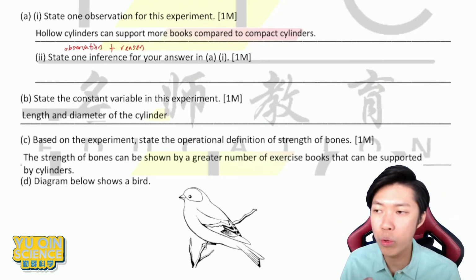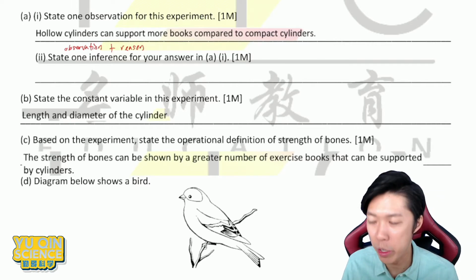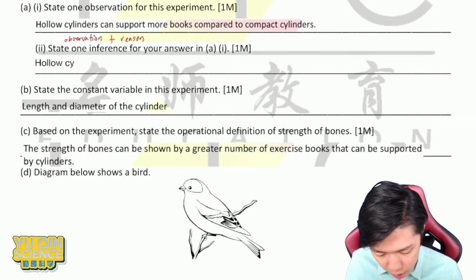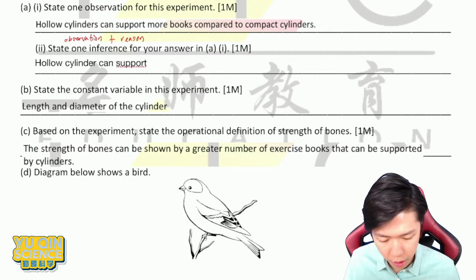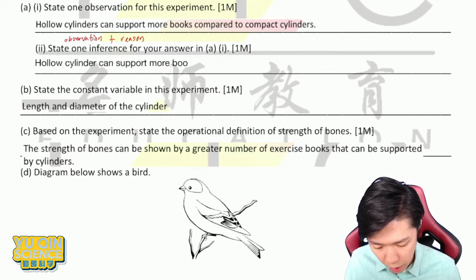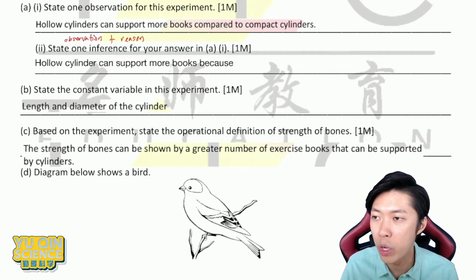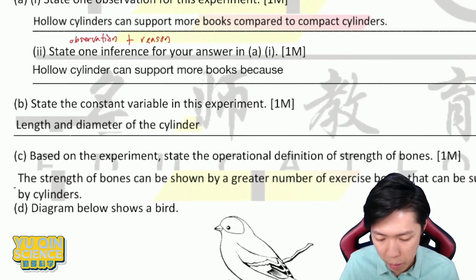The idea is to copy down your observation again, that means you say what you see. So for example, hollow cylinder can support more books. Then because, do you see that? So I started with hollow cylinder can support more books. That's my observation. Then only I say because.